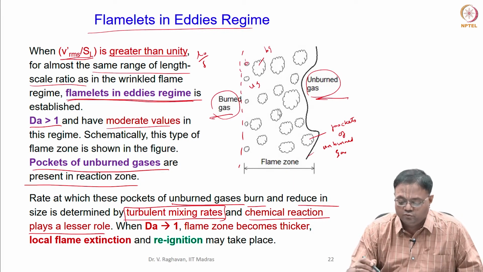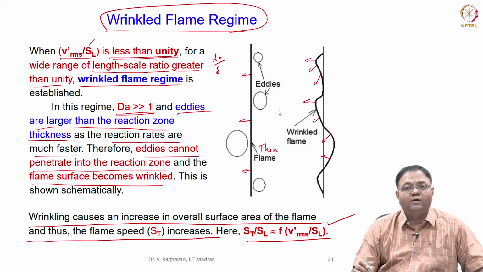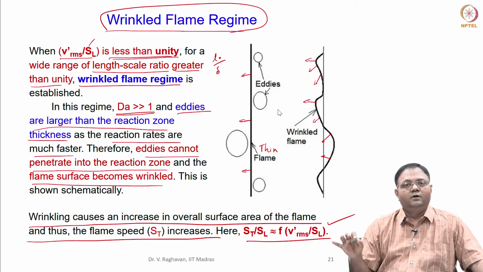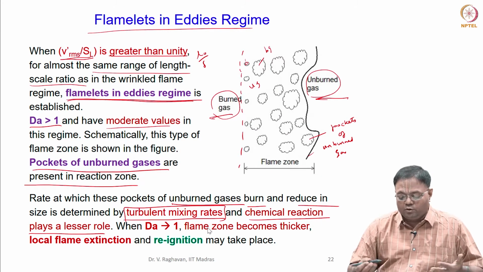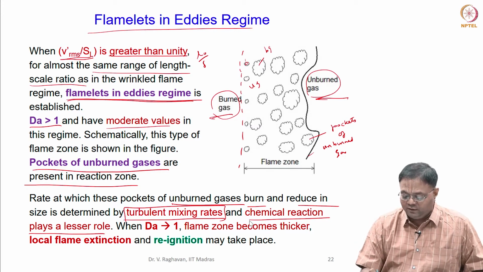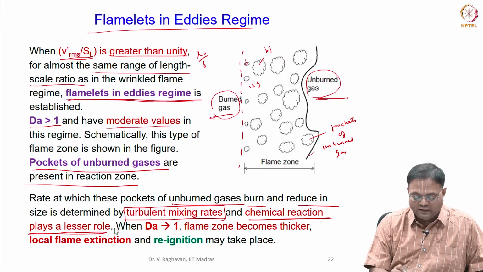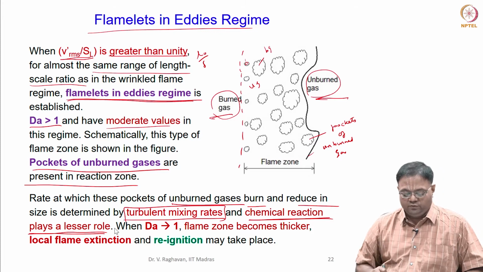In the previous wrinkled flame case there is no contribution by the turbulent mixing, but in this case the turbulent mixing rate is going to contribute. So, the chemical reaction plays a lesser role, that means it is not completely gone, but it is going to play a lesser role compared to before.